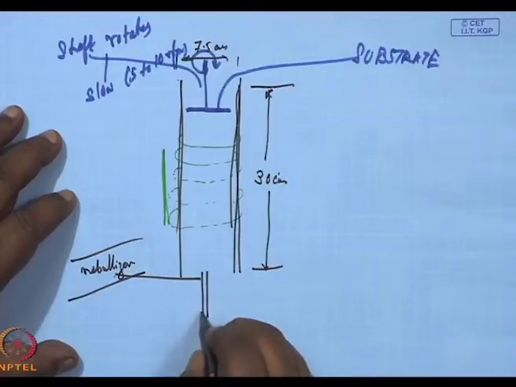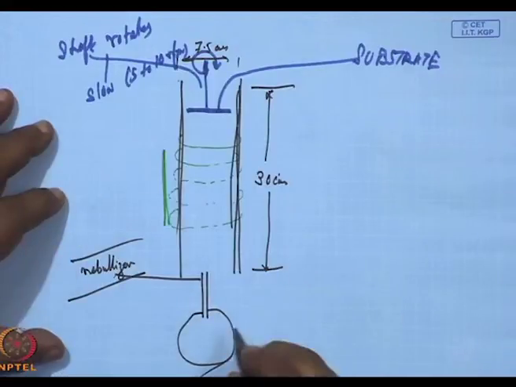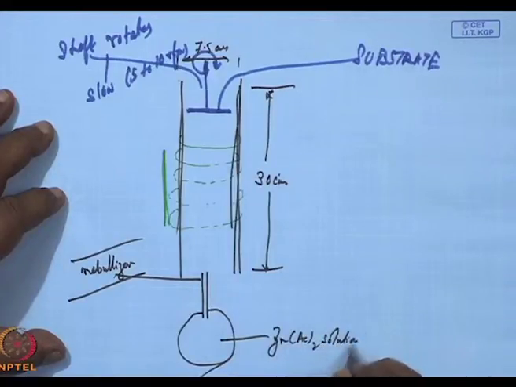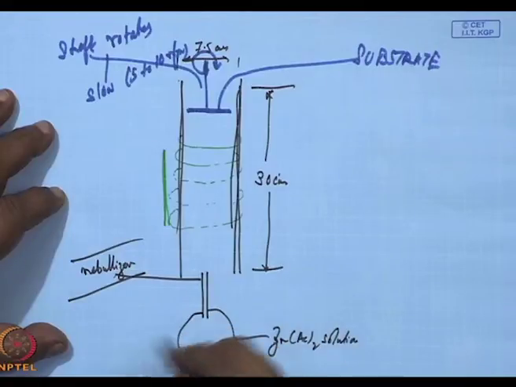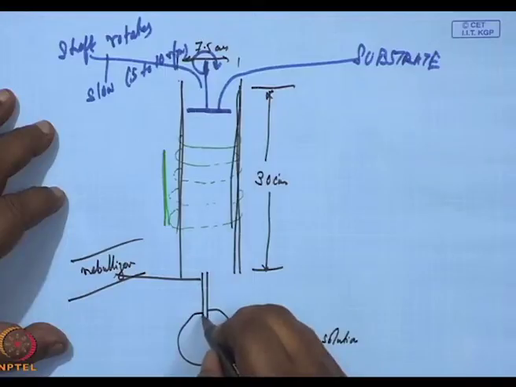Now, in this case, the solution is either zinc nitrate or zinc acetate. Let me take zinc acetate as the salt which was used. So, this nebulizer is connected to a flask which has, say, zinc acetate solution, and I won't draw the details of this whole diagram.